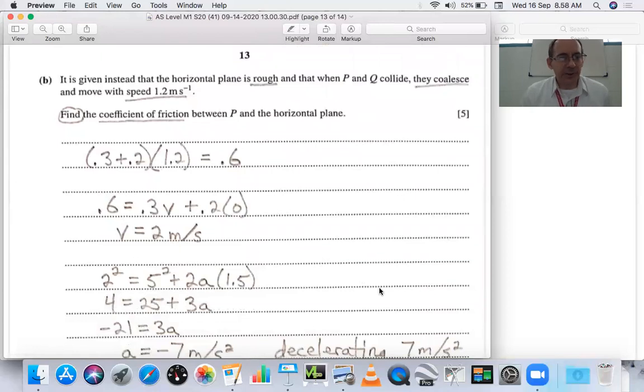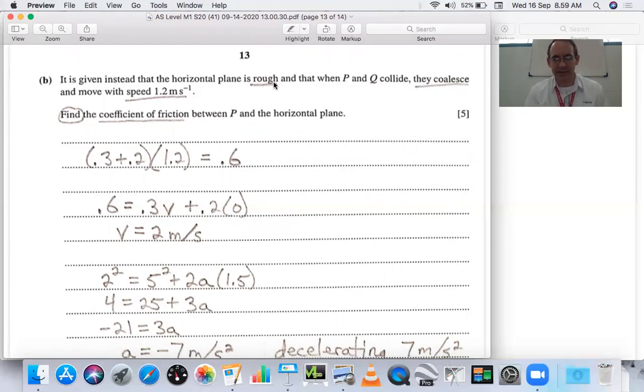Now they have a follow-up question. It is given instead that the horizontal plane is rough and that when P and Q collide, they coalesce and move with a speed of 1.2 meters per second. So now we have a change to the context. Our horizontal plane is now rough, which means there's going to be a reduction of velocity as P moves across that horizontal part.